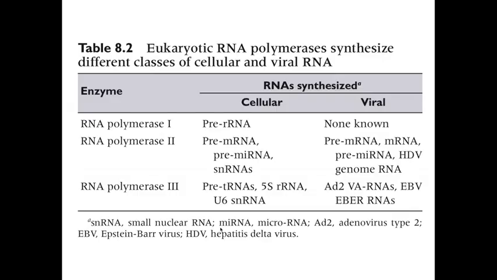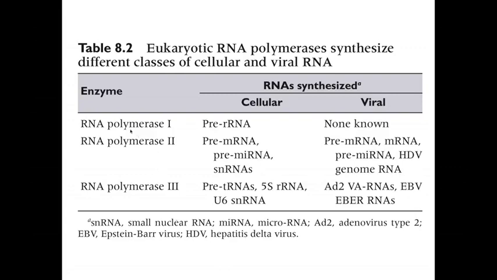There are 3 different kinds of eukaryotic RNA polymerases, and each of them make different types of cellular and viral RNAs, and they're called RNA polymerase 1, 2, and 3, and we'll be abbreviating them Pol 1, 2, and 3. And in this week, we'll mainly be talking about RNA polymerase 2.